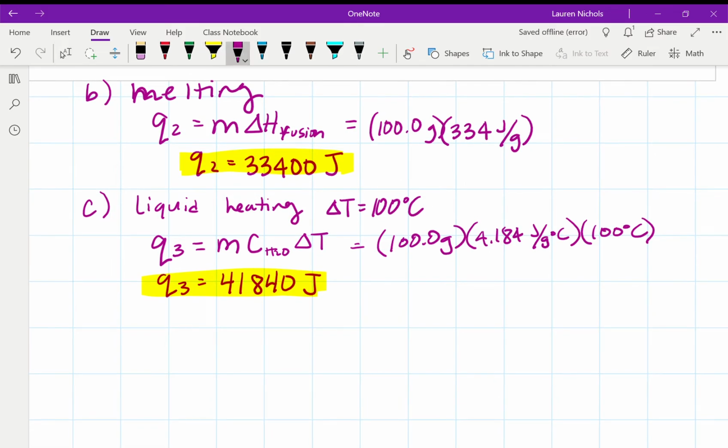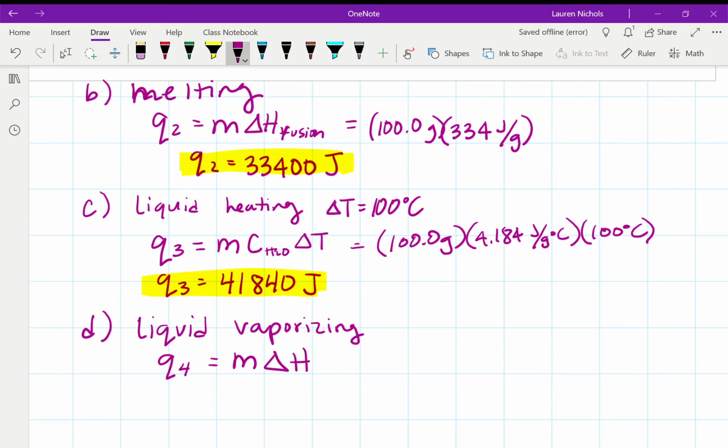And even though this is quite tedious, it's not complicated to do this math. Segment 4 is when the liquid water is vaporizing and there's no change in temperature. So our formula for Q4 is just M times delta H of vaporization, which is 100 grams of H2O times 2,260 joules per gram.